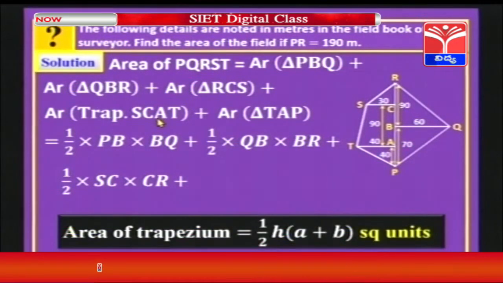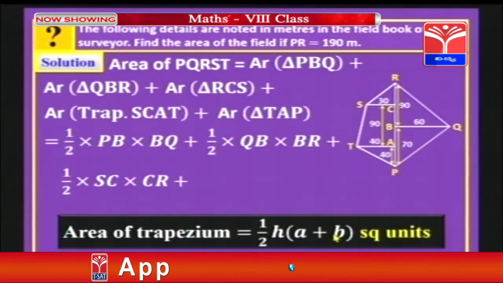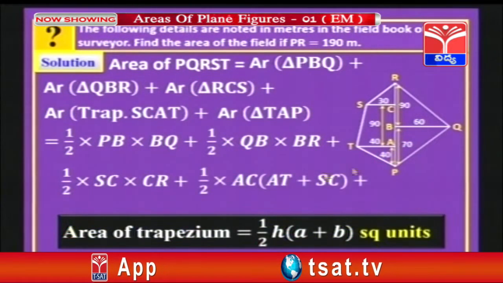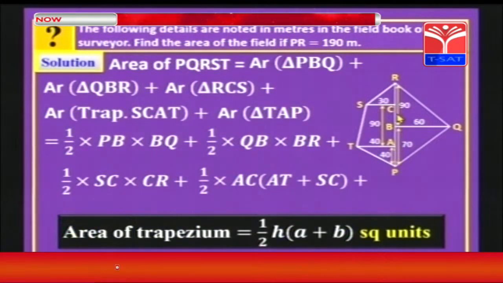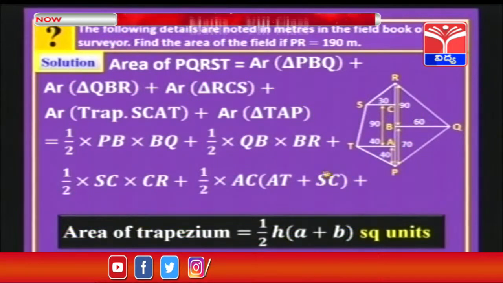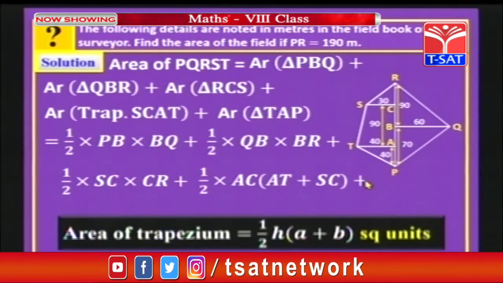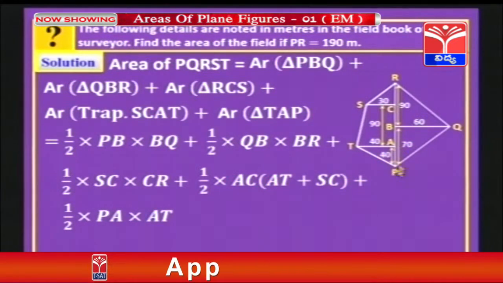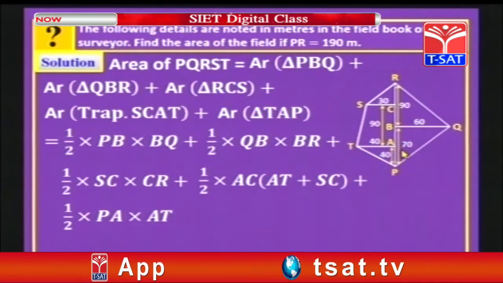What is the formula, children? Yes, half h into a plus b square units. Now let us substitute: half into distance between parallel sides, which is AC, into the sum of parallel sides, AT plus SC, and plus we have the last triangle, that is TAP. So that is half into base PA, height AT.